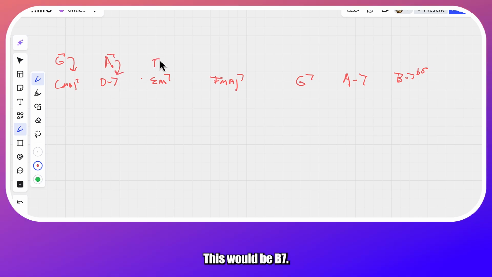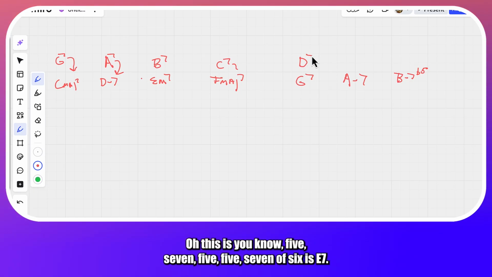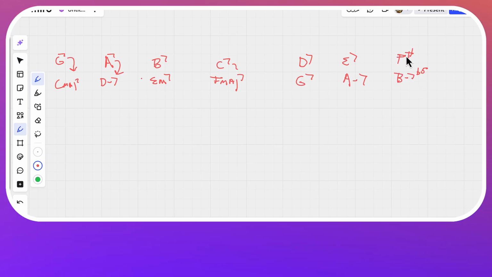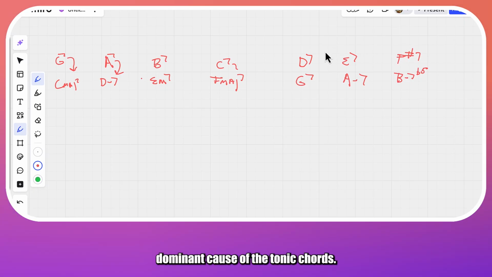This one would be B7. This one would be C7. G7 would be D7. Now this is 5-7 of 5. 5-7 of 6 is E7, and this would be F sharp 7. So those are the secondary dominant chords of the diatonic chords.